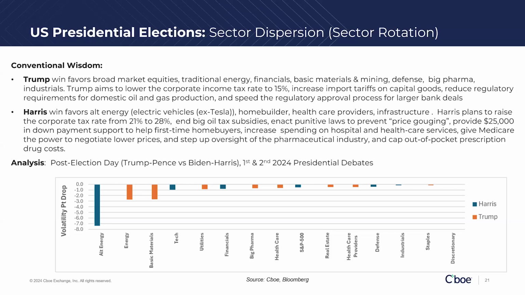This chart shows that the markets were expecting fairly large moves in all three sectors given a Trump win, and that's pretty much what played out. Today we had about a 4% increase in technology and about a 3% increase in both financials and energy.